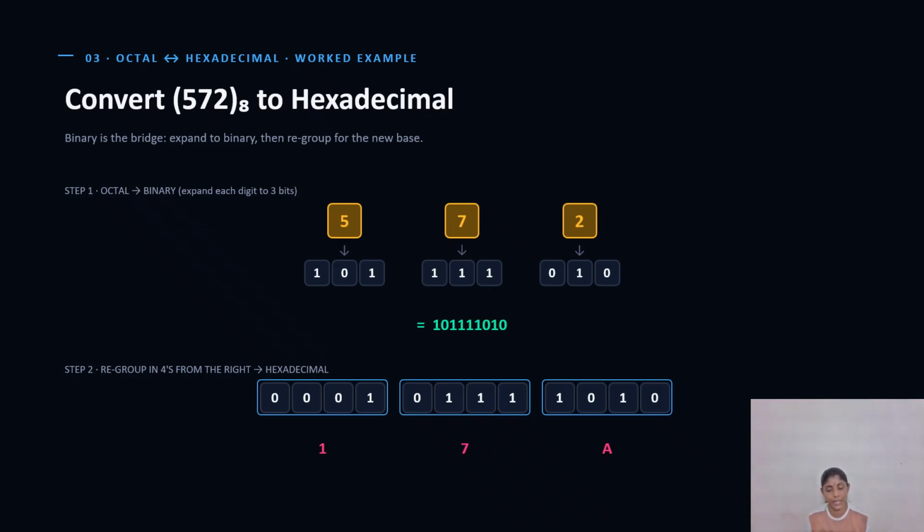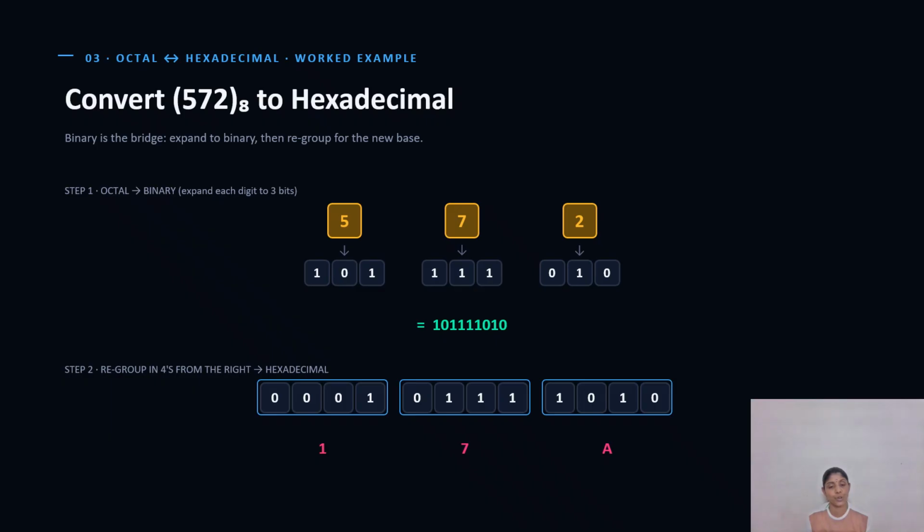LSB starts at 0 followed by 1, 0, 1. So 1, 0, 1, 0. That is your first group. The second group is 1, 1, 1, 0. The third group is 1 alone. So if 1 is alone, you have to make it a nibble. If you want to make it a nibble, what you have to do? 3 zeros should be appended.